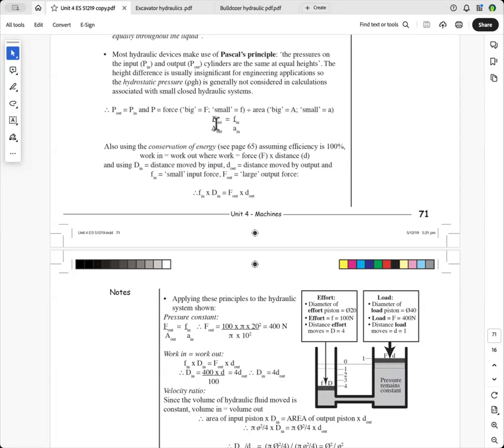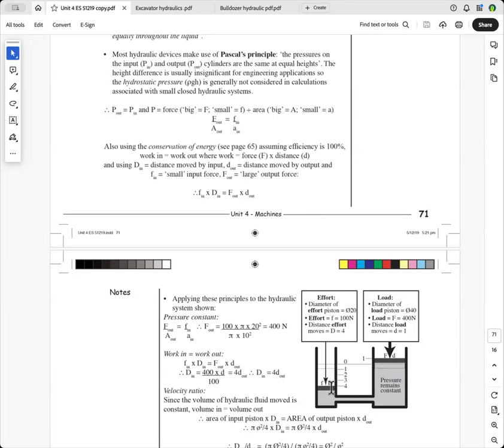Now, pressure equals force over area. Because the pressure is constant, the force out over the area out has to equal the force in over the area in. And notice that I've put the big force out, the big area out, which is this here, and we've got the small force in, this little f, and the small area there, okay?